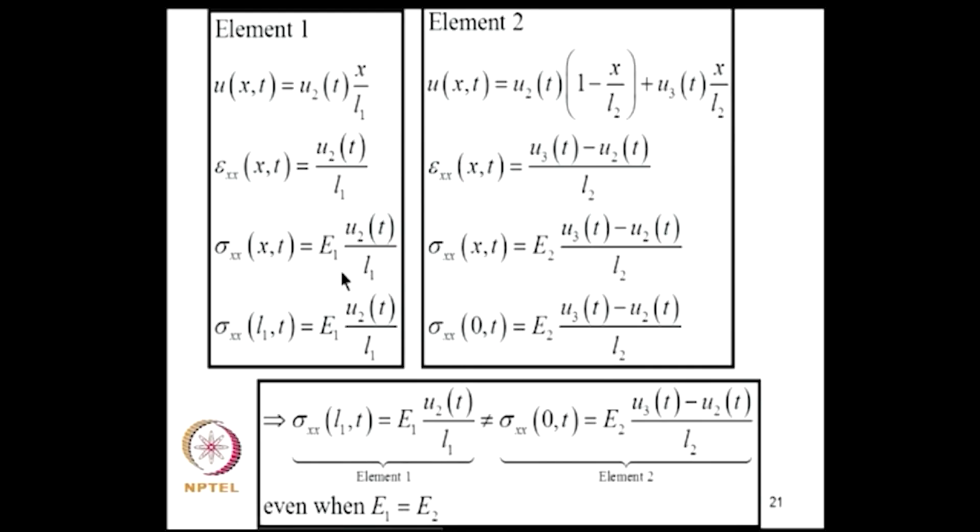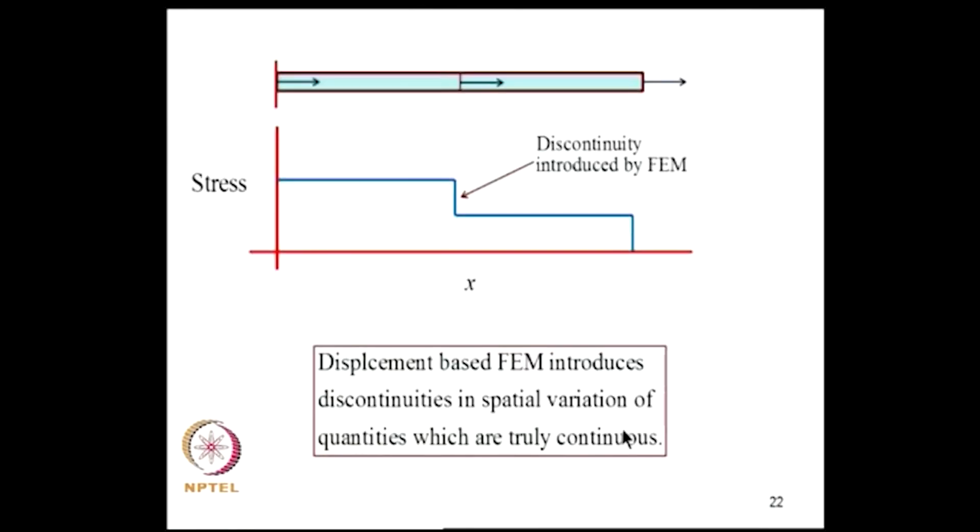In the true solution strains must be continuous, even though Young's modulus are different, strains must be the same, but even when Young's modulus are equal, stresses are different and strains also would be different. So that means if I now plot the stress as a function of x, we see that even for the system with same Young's modulus, suppose both bars have the same Young's modulus, I get stress to possess a discontinuity at the boundary of the element.